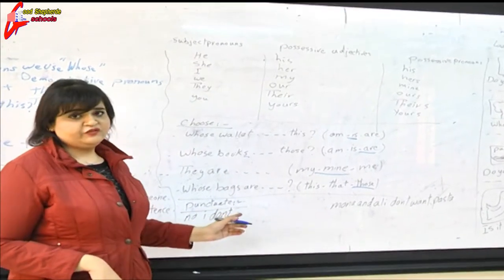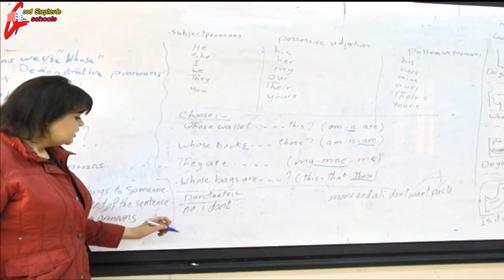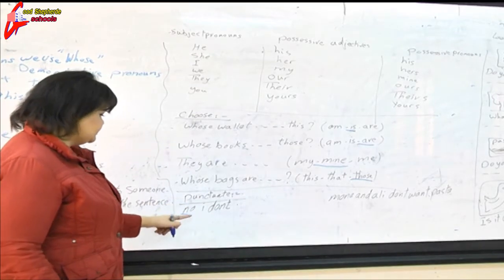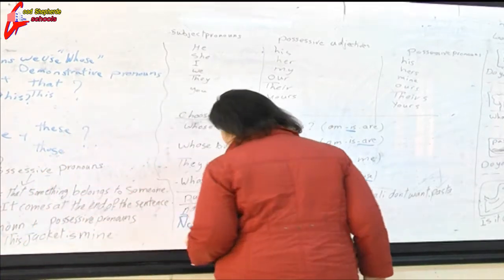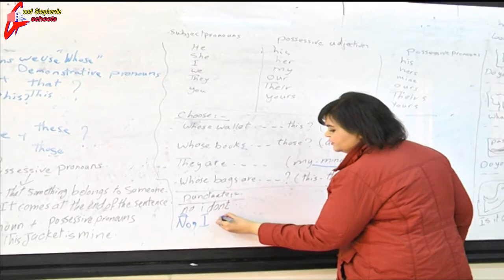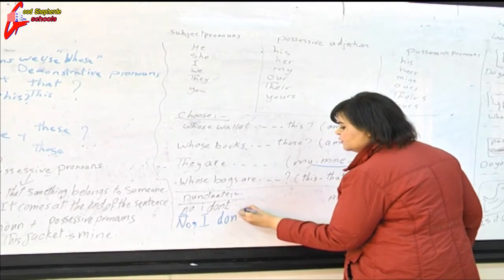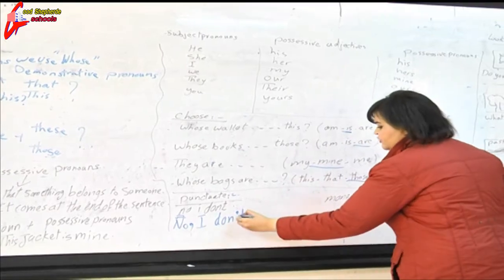Don't wait, you have to find 4 mistakes in the exam. The first one, no I don't. Of course here I have a mistake, no must be a capital letter. After no we put a comma, I with a capital letter, don't with an apostrophe, and at the end we put a full stop.